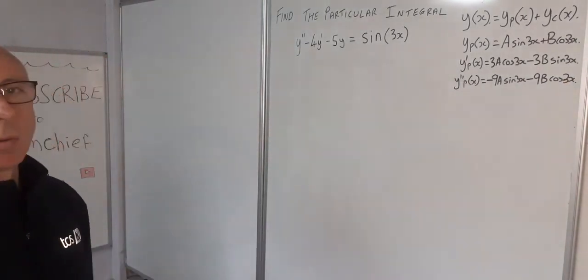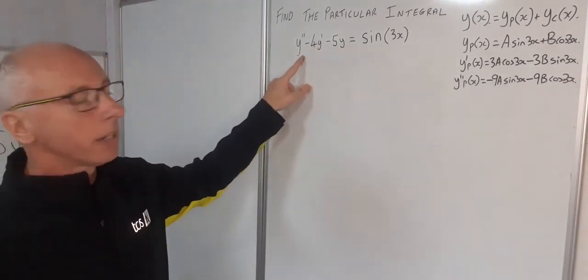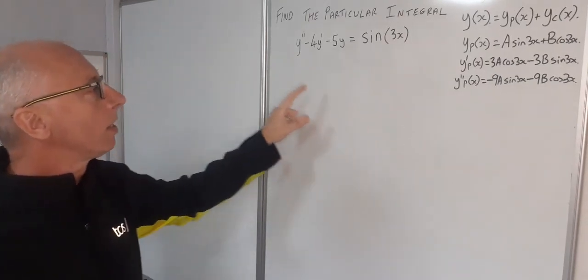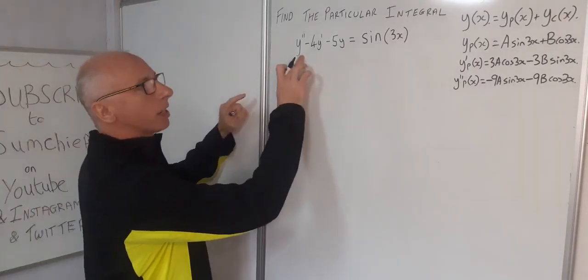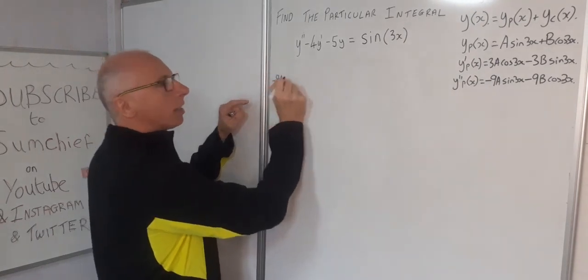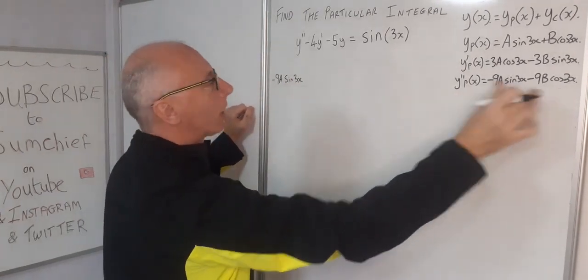Okay, so now all we need to do is plug these in as our trial solutions and make it equal to sine 3x. So here's the first stage. Let's plug that in. We've got minus 9a sine 3x minus 9b cosine 3x.